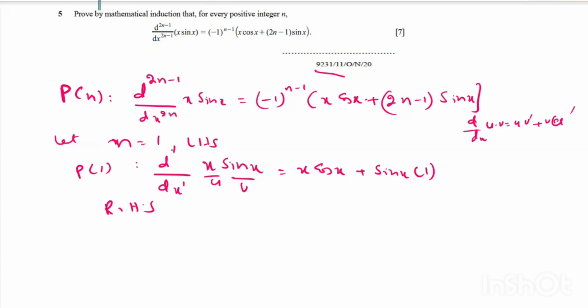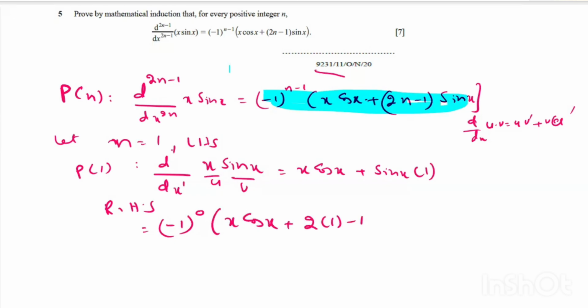Now we will take its right hand side. This is our right hand side, which I have highlighted. Put n equal to 1 in the right hand side: (-1)^(n-1) will be (-1)^0 times x cos x plus (2 times 1 minus 1) sine x. Any number to the power 0 is 1.